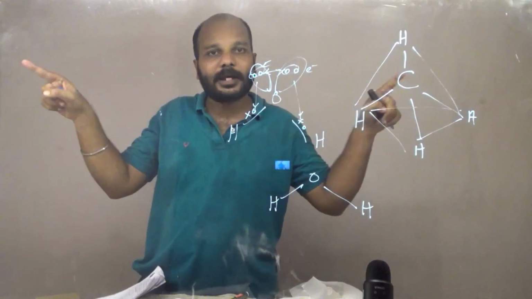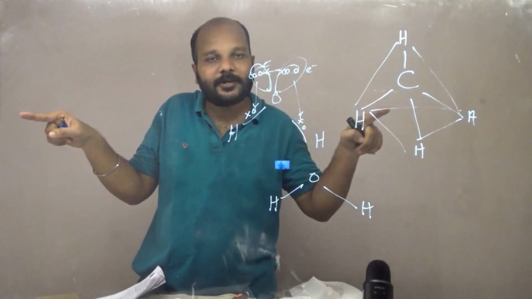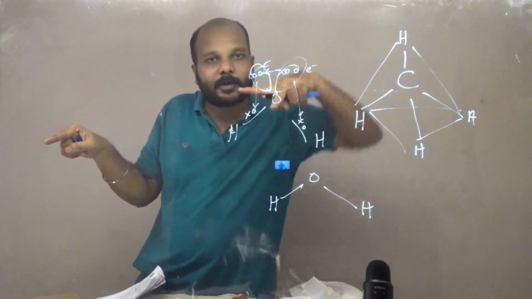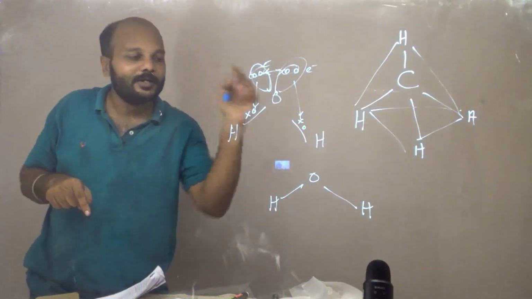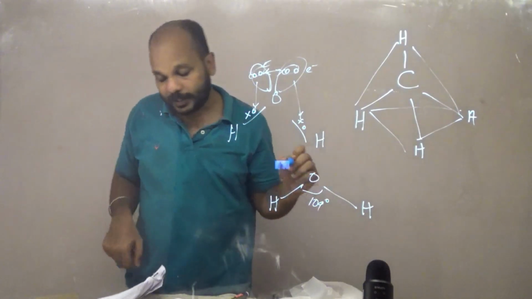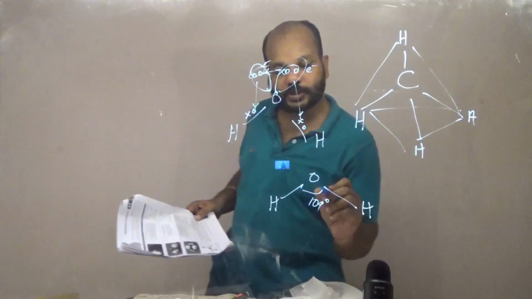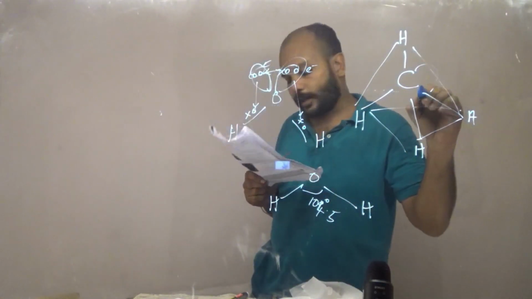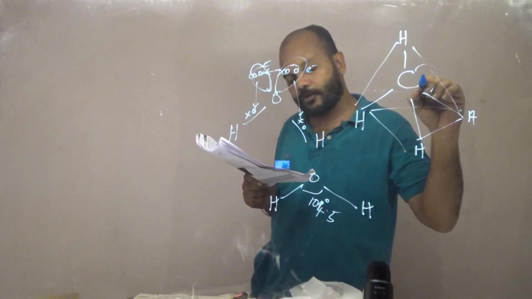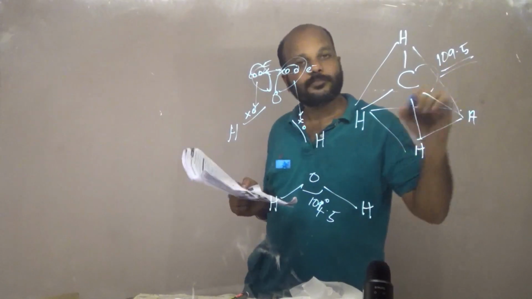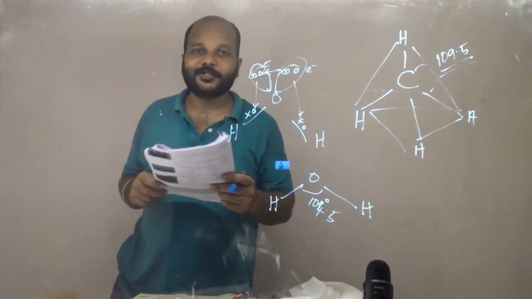So instead of becoming linear, a slight bend will come, and it forms a V-shaped molecule. Methane has a bond angle of 109.5 degrees, while here it is going to have 104 degrees.